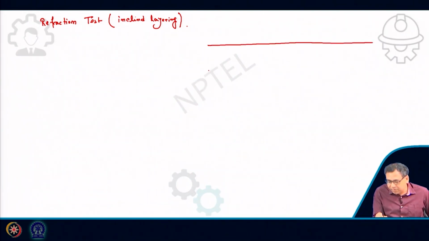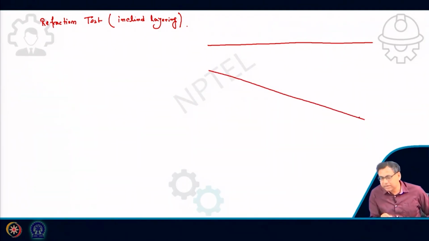Again I am drawing this inclination, but the direction of inclination will automatically come from the expression, like in the reflection test. So I am assuming this is the direction of inclination and this is the angle beta.